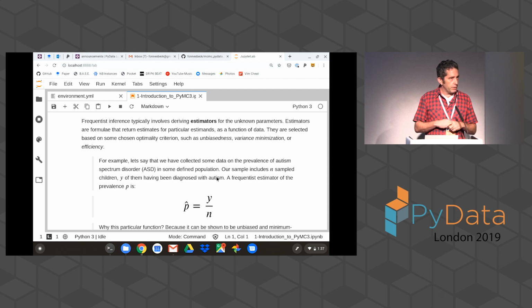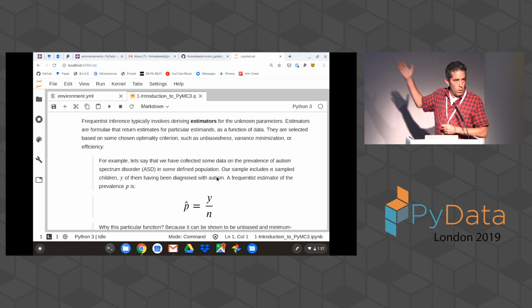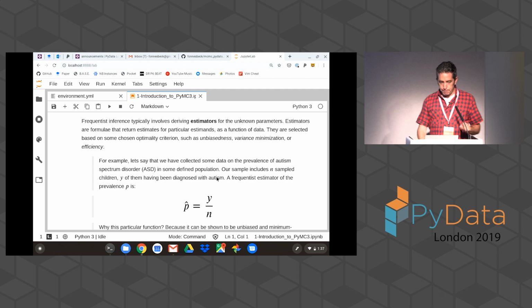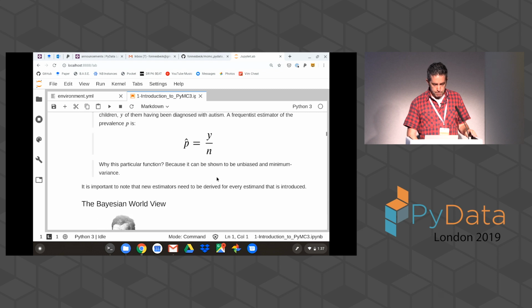The proportion of people in the population with that disease. And so you might observe a certain number of them, N, and Y of them have the disease, and so you estimate a proportion. And it's an intuitive way to calculate that, but there's a reason that you choose this particular estimator. It's got properties, right? It's unbiased or minimum variance or various other things. And so every time you have a new problem, you've got to come up with different estimators for things.